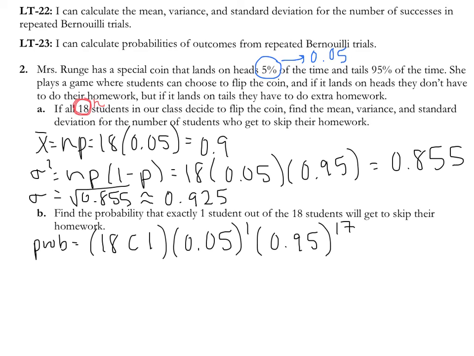So once again, we need to use our calculator to calculate this. So I'm going to open up some parentheses and type in the 18. To get this little choose function, remember we have to go to Math, arrow over to Probability, down to the third option which says nCr, hit Enter, and then type in the last number and close your parentheses.